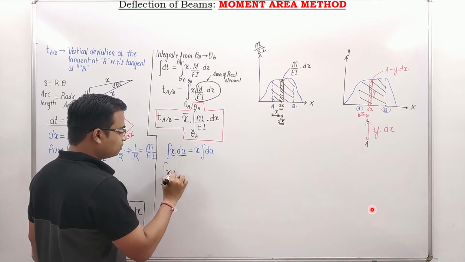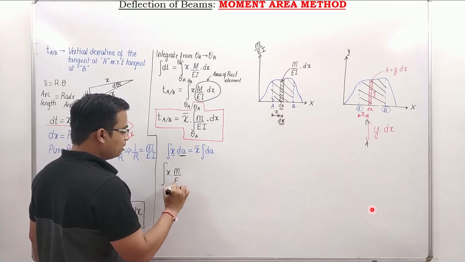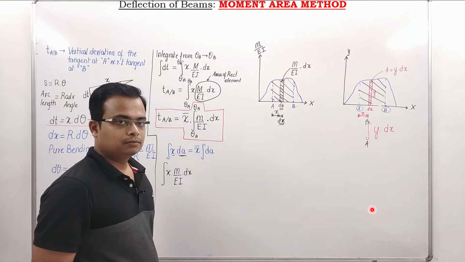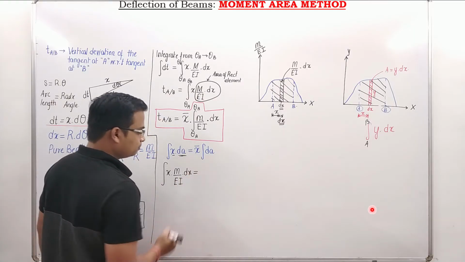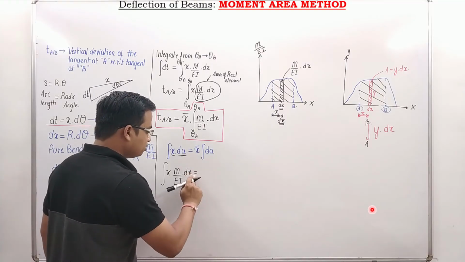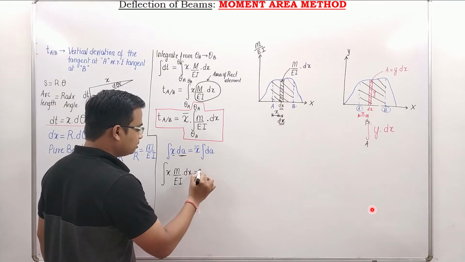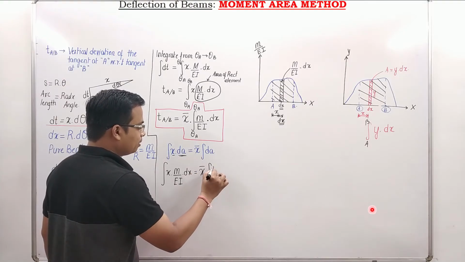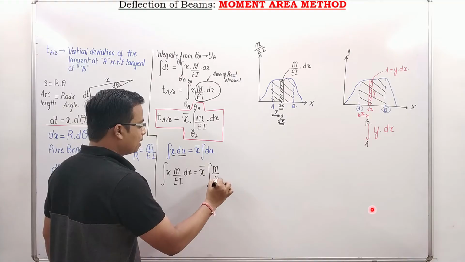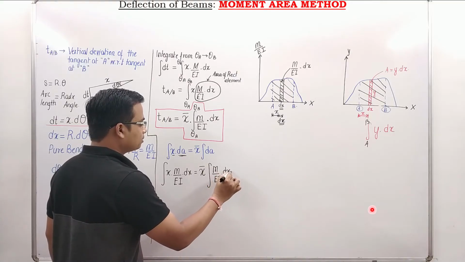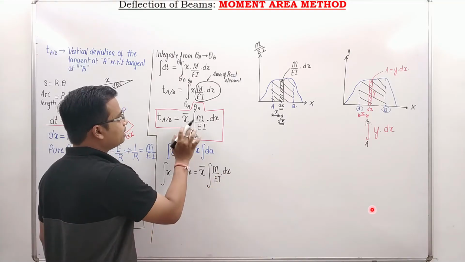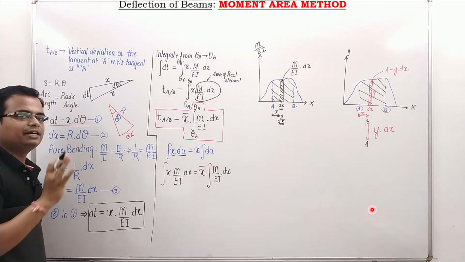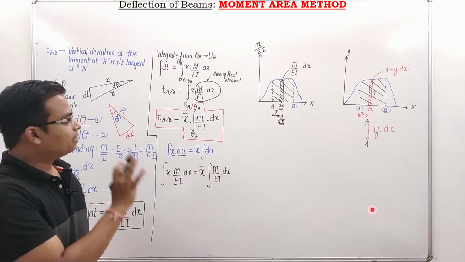You should understand this, M over EI dx. And going back to history, you also know if this is the case, then obviously this can be equated to x bar multiplied by M over EI dx. That's it, and this is exactly why I have written it in this fashion. That is the entire idea.